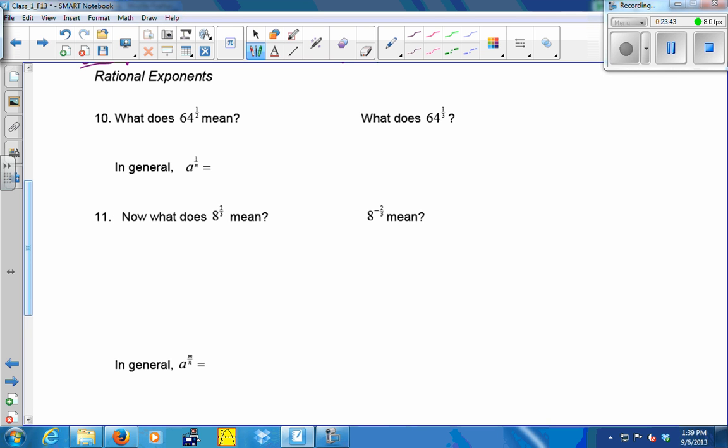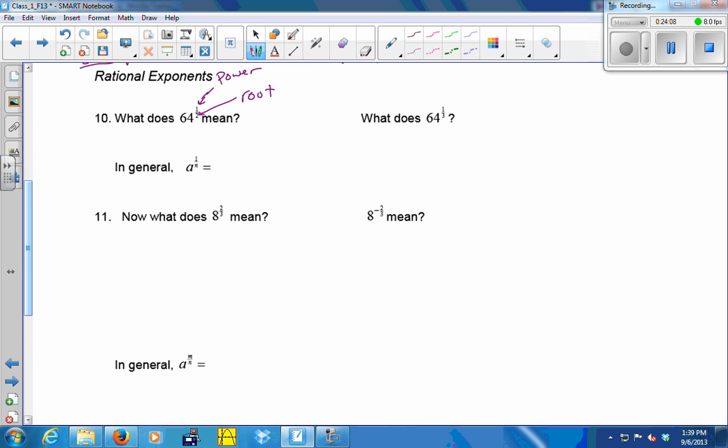Okay, anybody know what 64 to the 1/2 means? Square root of 64, yeah. So when you have a fractional exponent, the number on top is your power, and the number on the bottom is your root. Okay? And the way you can remember that is that roots go in the cellar.